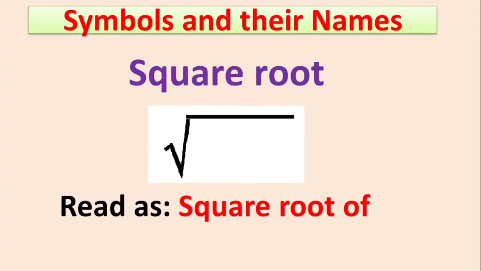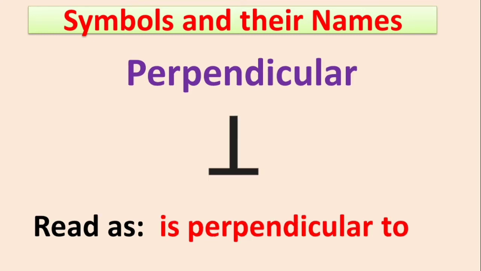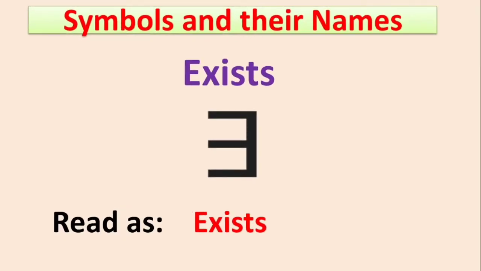The next symbol in this list is of square root. For example, square root of 25 is equal to 5 and it is read as square root of. Moving further, we have this symbol as symbol of perpendicular. It is read as is perpendicular to. Then this symbol is of exist.